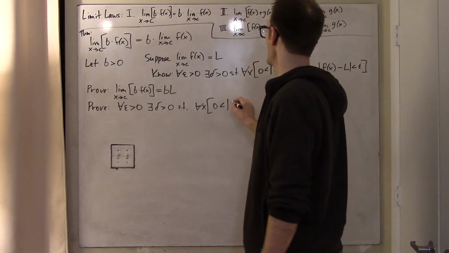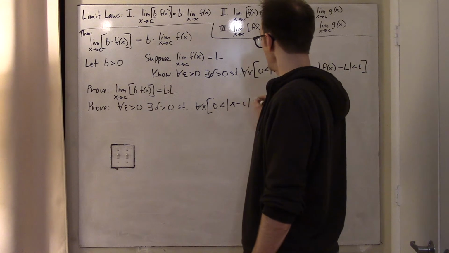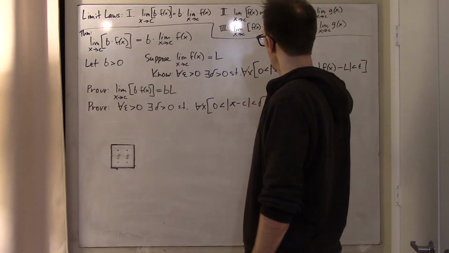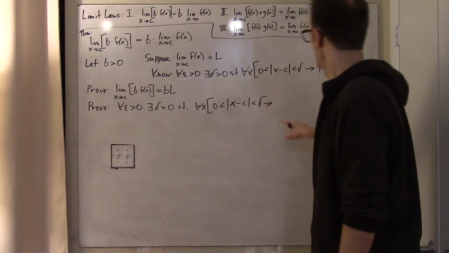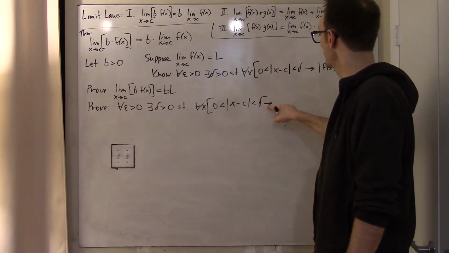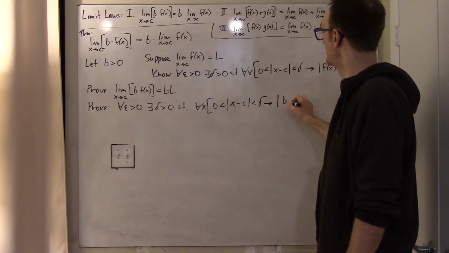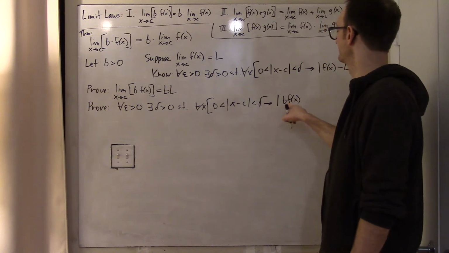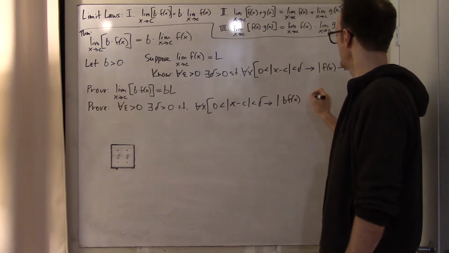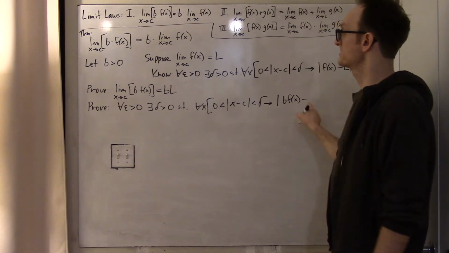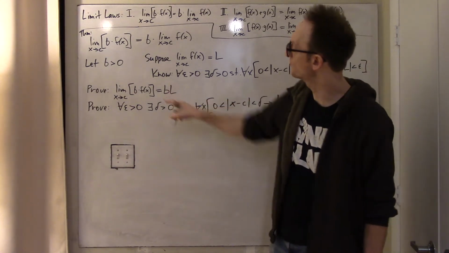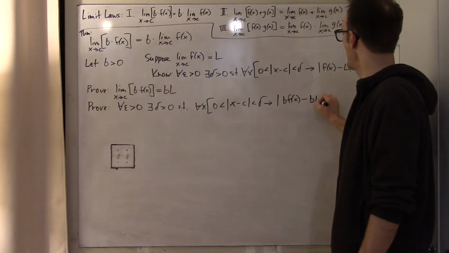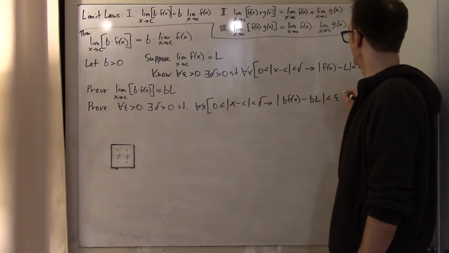Well, if I am within delta of C, then my function, which in this case is the function bf of x, the gap between it and the thing I am trying to prove is the limit, BL, is less than epsilon.